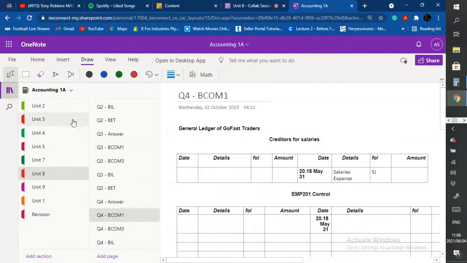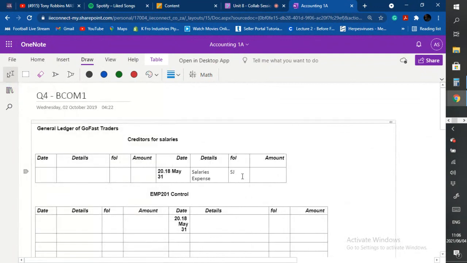Here, SJ stands for salaries journal. I'm going to be consistent with that, but it should be 5, to be quite honest with you, because it's May. January, February, March, April, May. May is the 5th month. Anyway, I'm just going to put 5 there.